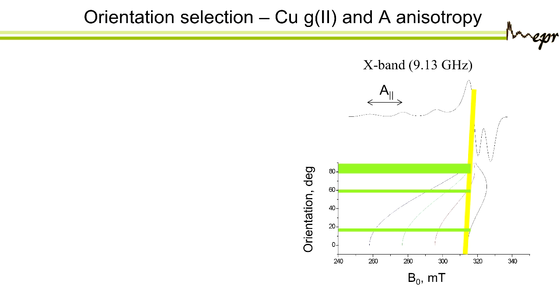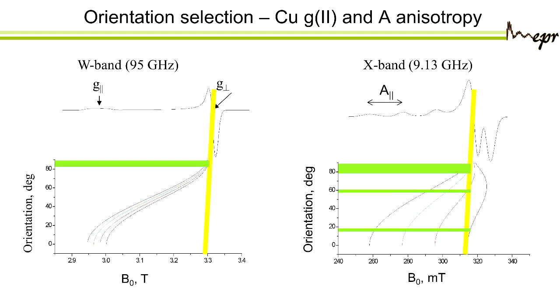Now I go to W band, and you see now I'm very selective. This is the same thing for W band. Because now they are determined mostly by G, if I sit at G perpendicular, it's very selective. So if you want really good orientation selection, you go to high field.